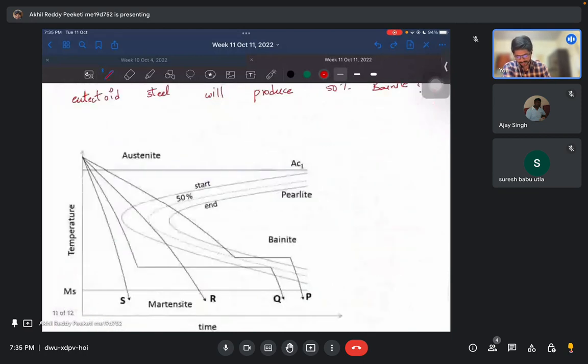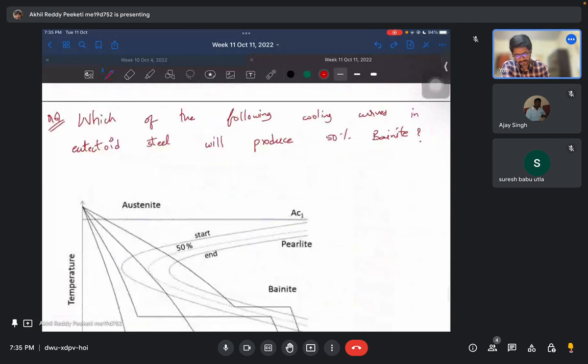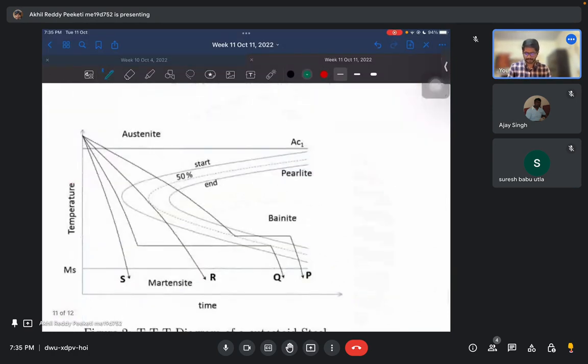So let's see the next question. Now they have given us four curves again, and which curve will produce 50% bainite? That is the question. So what would S be?